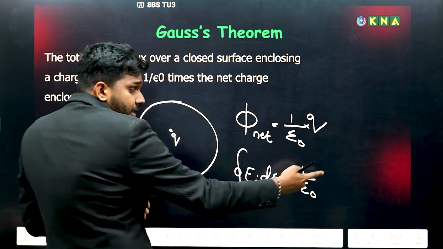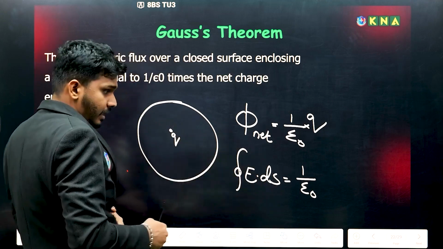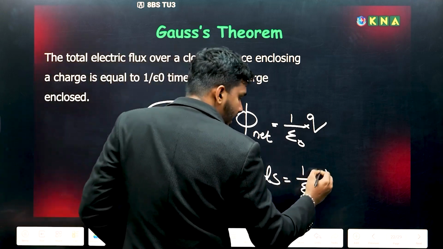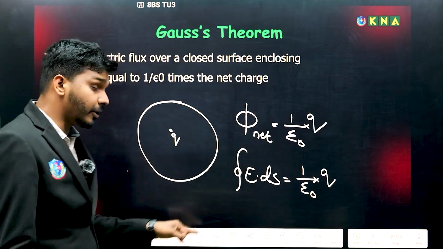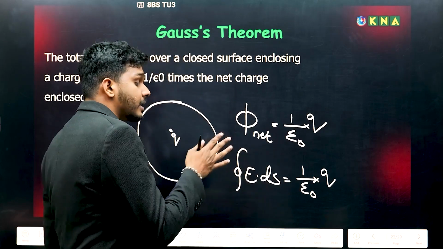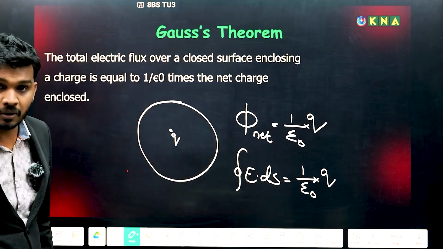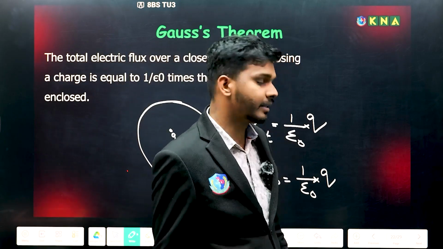If there is 0 charge, the answer is 0, electric flux is 0. Multiply by the number of charges and you will get electric flux. So the total electric flux, integral of E dot ds, is equal to 1 by epsilon naught times net charge. That is called Gauss's theorem.